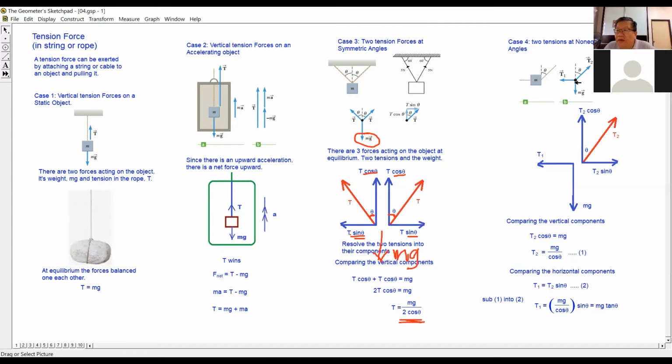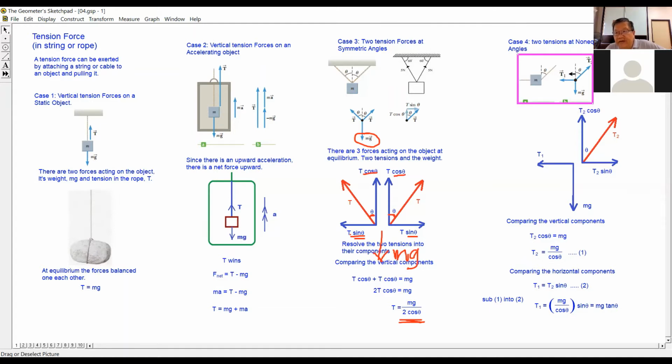In case number 4, the two angles are different. That's why the tension in the two strings are different. If you look at this case, the first force T1 is acting horizontally.